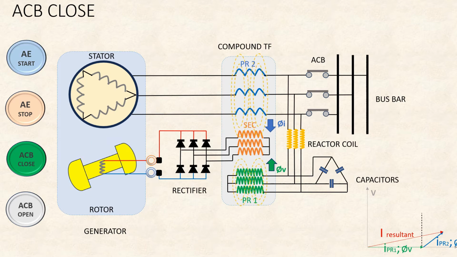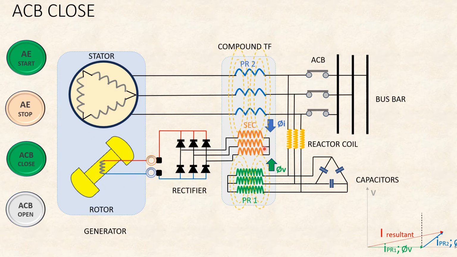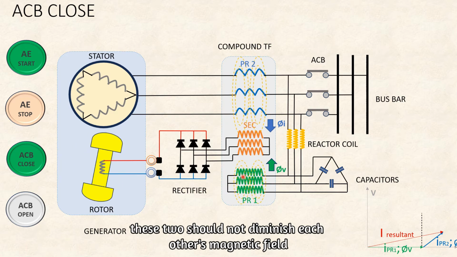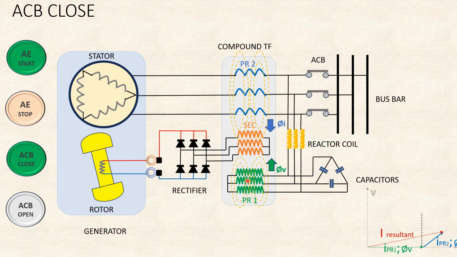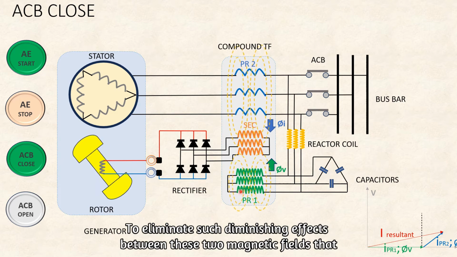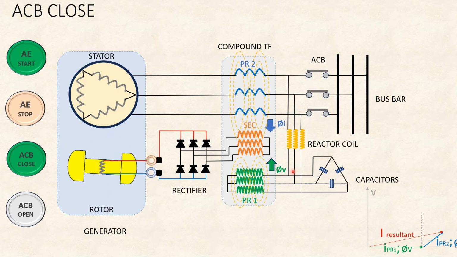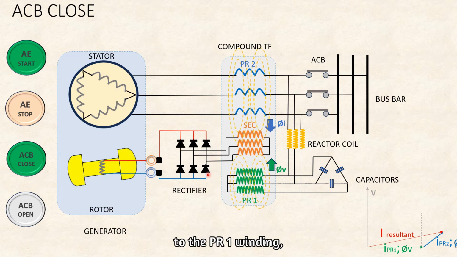As there are two magnetic fields acting on the secondary winding and crossing each other, these two should not diminish each other's magnetic field strength. To eliminate such a diminishing effect between these two magnetic fields, we use a reactor coil in series with the PR1 winding.